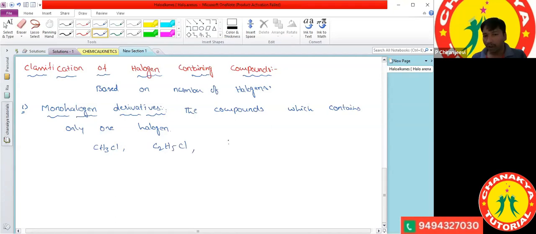And chlorobenzene also is a monohalo derivative only. Chlorobenzene, bromobenzene, iodobenzene, all these are monohalo derivatives.